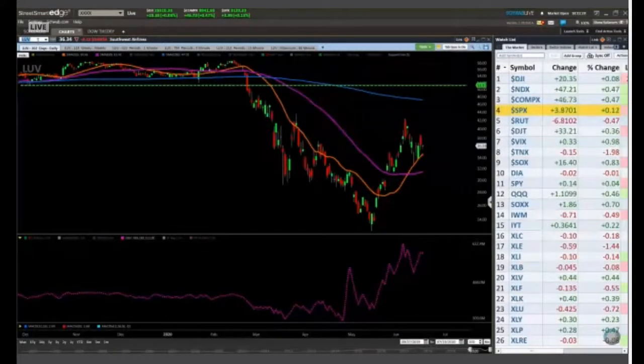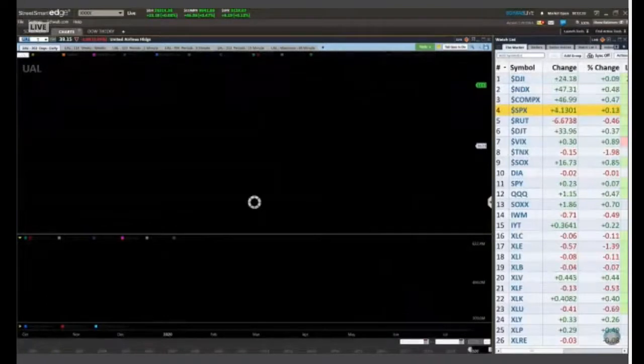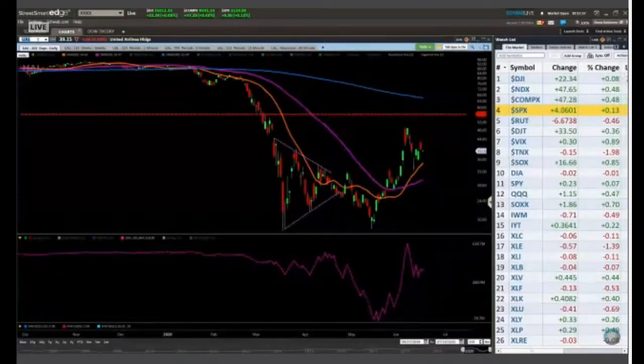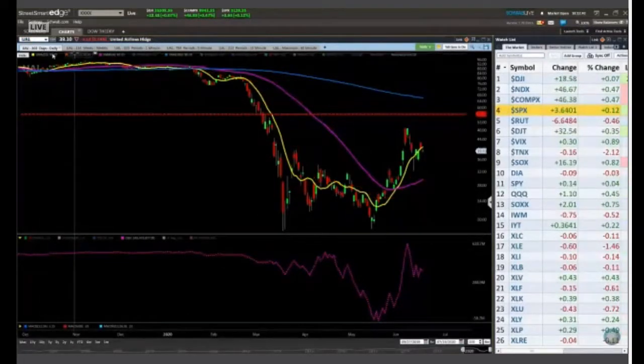Yeah, for sure. Sticking with the airlines, UAL. Okay. They are pulling back with all the other travel stocks. Let's look at a 10-day on that one. Sure. They're getting removed from the NASDAQ 100. Is that right?